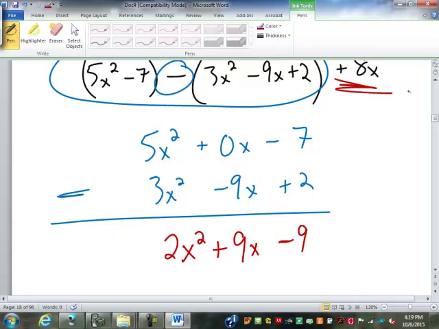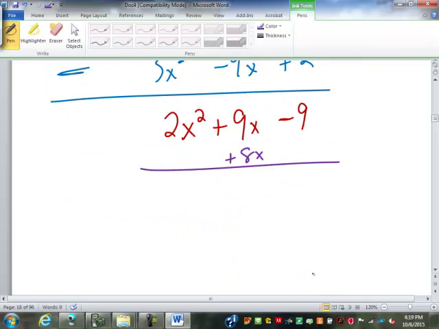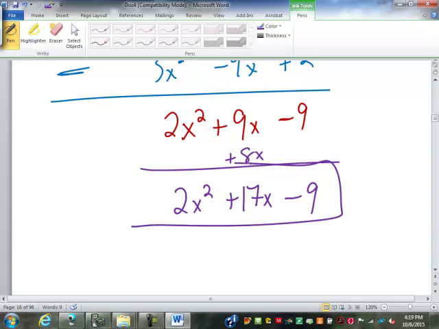No, we still have plus an 8x over here. Well, that's going to just go with the 9x. So we still got the negative 9x, and 9x and positive 8x is positive 17x and 2x squared. What do you think?